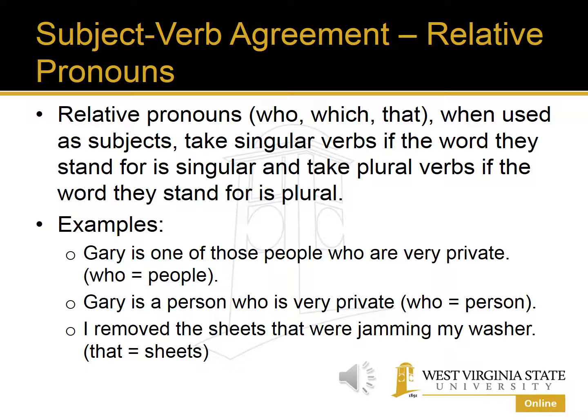So it's a singular noun, therefore we use a singular verb, who is. Who is equal to person. And then the final example here, I removed the sheets that were jamming my washer. That points back to sheets. Sheets is plural, therefore we use the plural verb were.